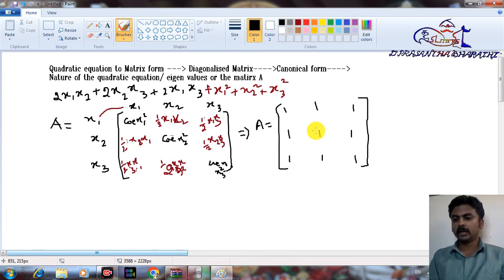Now this is a symmetric matrix, but I just showed it to explain how to write the quadratic form into matrix form. For today's problem we are not going to consider this.